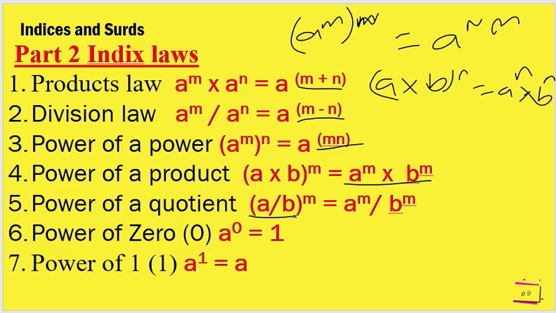Finally, we have two rows of index that are specific. Whenever we have power of 0, any number raised to power 0 is just equal to 1.